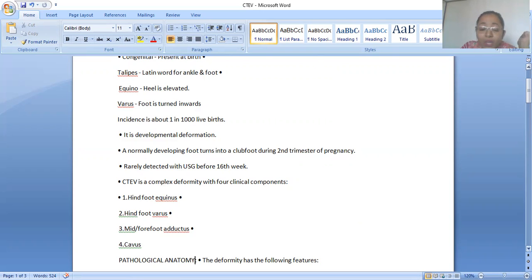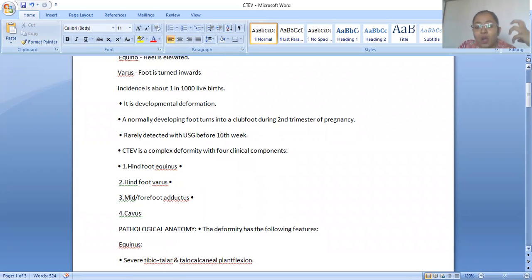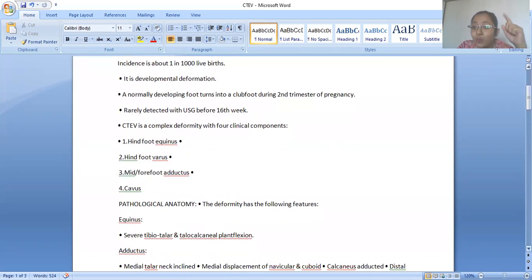Okay, now the pathoanatomy, how we will understand what anatomical changes take place. In equinus, our first one, severe tibiotalar and talocalcaneal plantar flexion will be seen. The tibia sits on the talus. The base of the foot bone, the hindfoot, is the calcaneum.